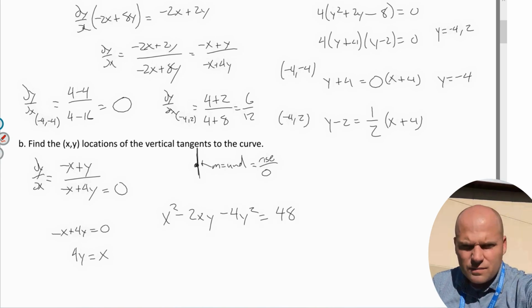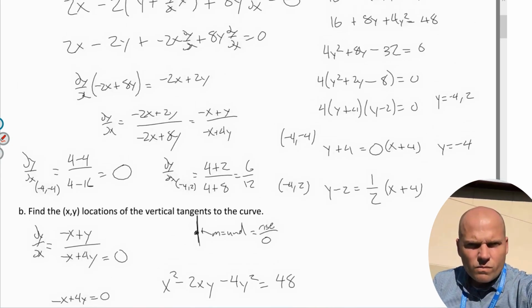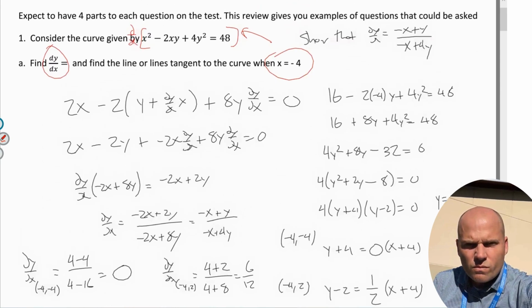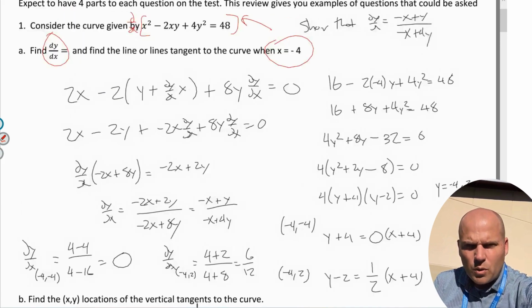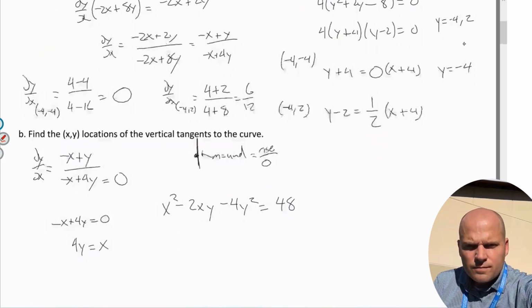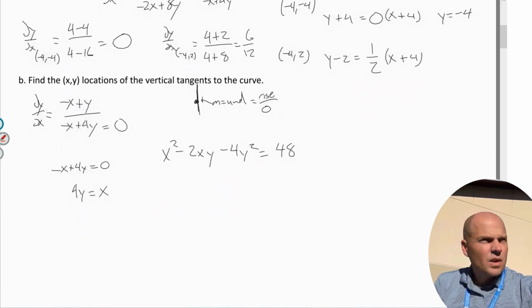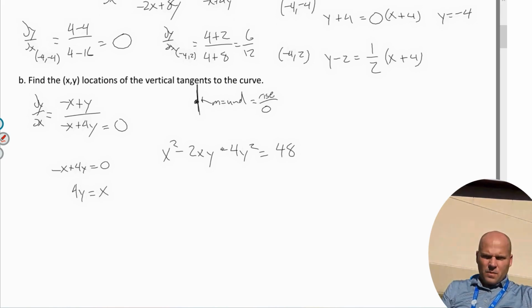Sure that's correct. It's 4y squared. Great. We got x equals 4y, so we will plug that in for x.